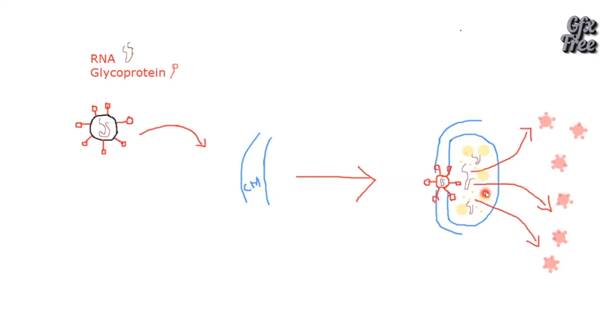Once it is inside the cell cytoplasm, the RNA inside the virus particle comes out and replicates inside the cell cytoplasm. Along with the RNA molecule, there is also the presence of N proteins. This leads to replication of virus particles.